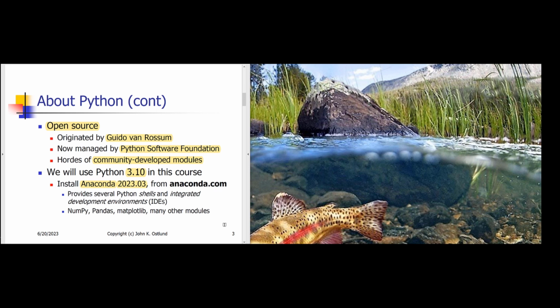You can obtain this Anaconda from anaconda.com, and you can take a look at my installation video about how to go about doing that. Now, anaconda.com is happy to sell you stuff, support and so on, but for our purposes, since we're just using it for a class, we don't need to actually buy anything. And as I said, when you take a look at my installation video, you'll see how to go about setting it up.